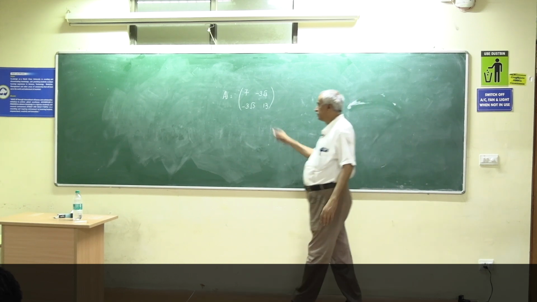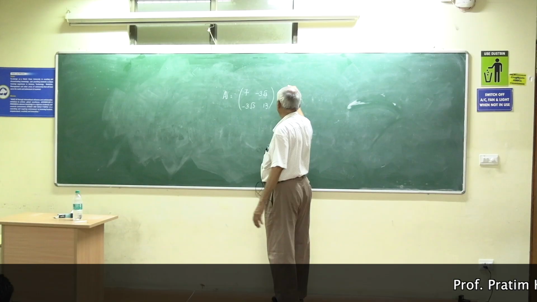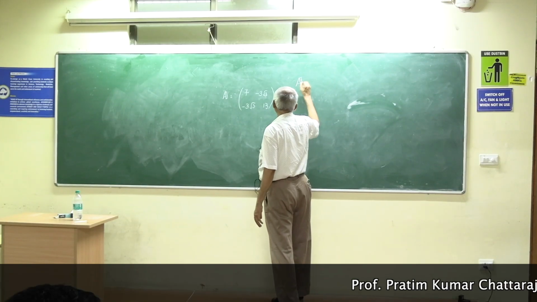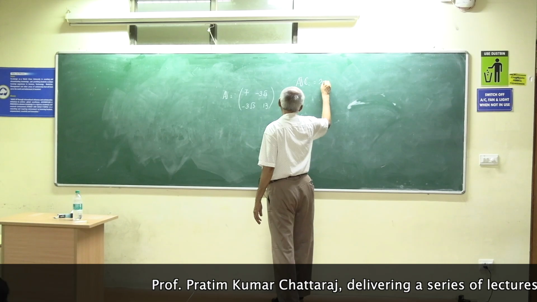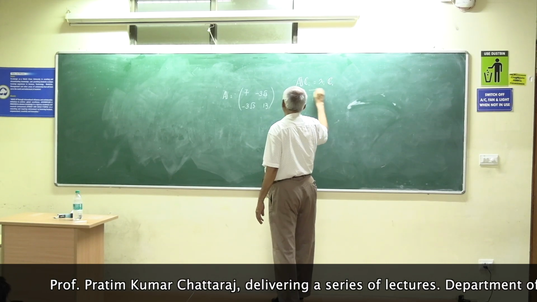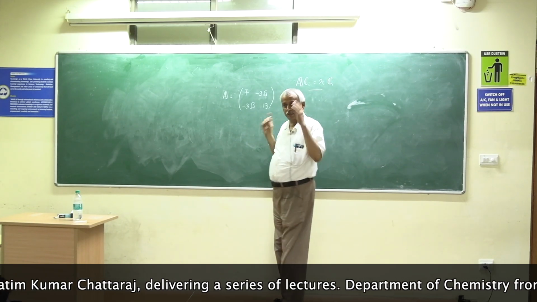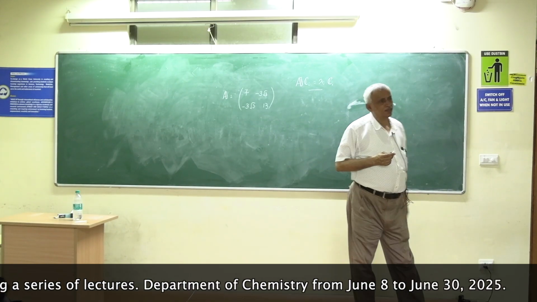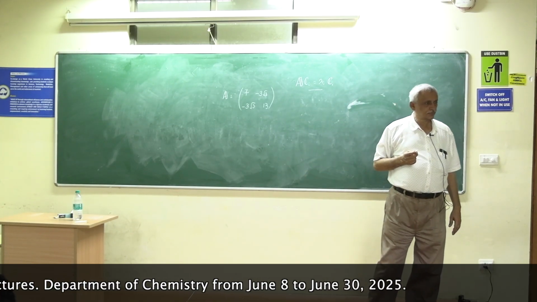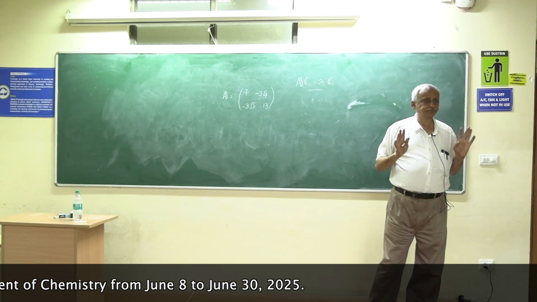So if this is your A matrix, basically you have A Ci equals lambda I Ci. So you have to find out for this A matrix the Ci's and lambdas.